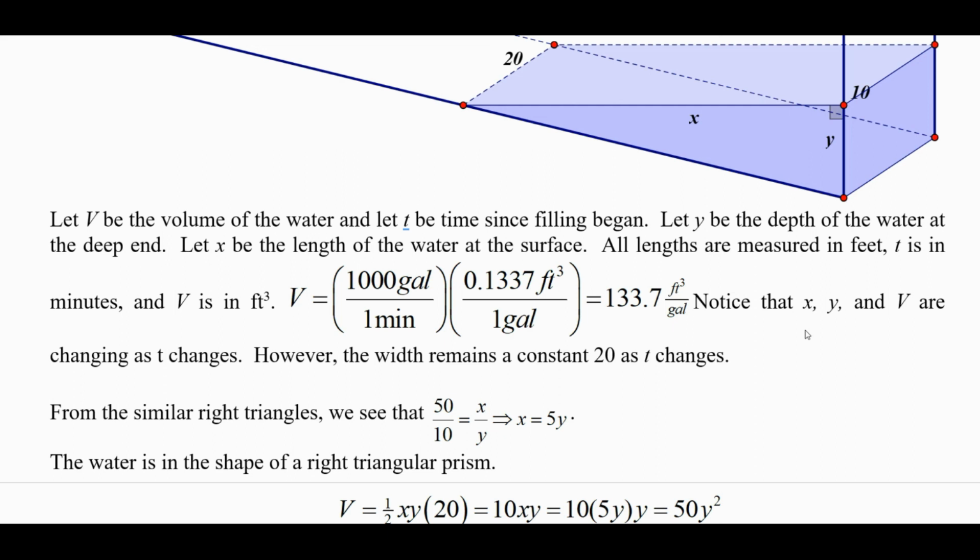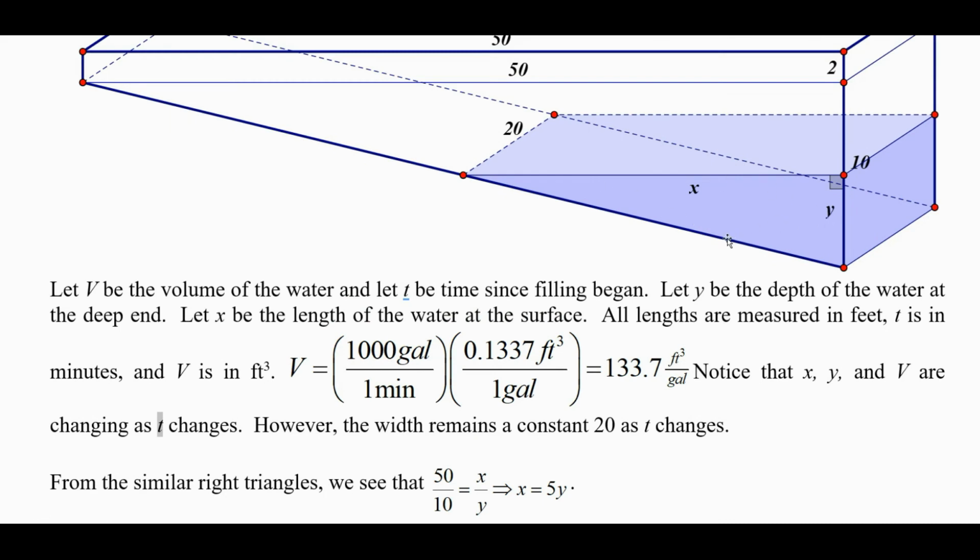So notice X, Y, and V are all changing as T changes. Now, however, the width remains constant at 20 feet as T changes. From similar right triangles, we're going to see that X over Y, tangent of that angle, is the same thing as 50 over 10.